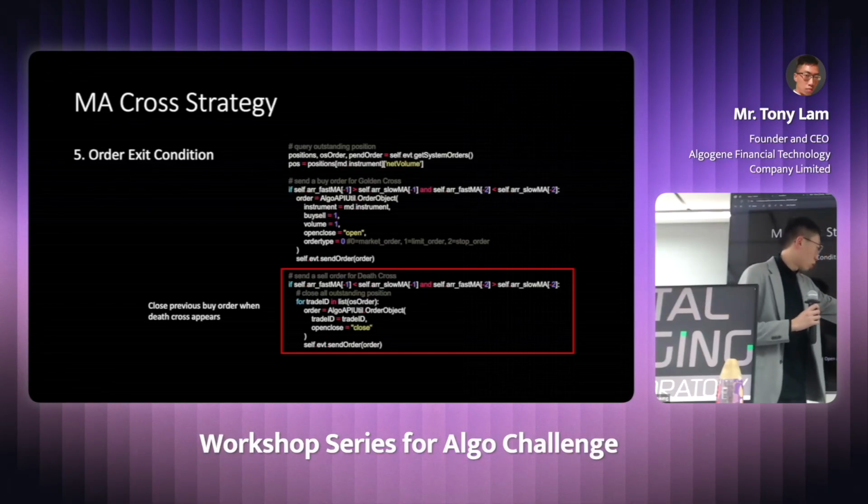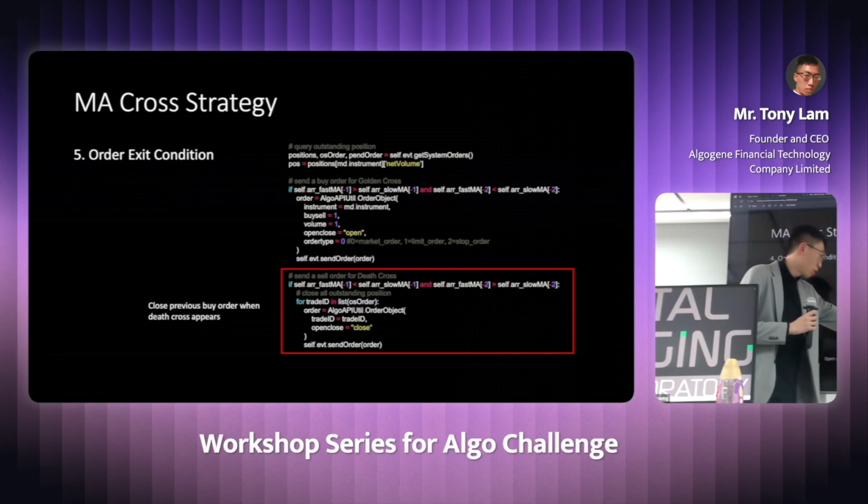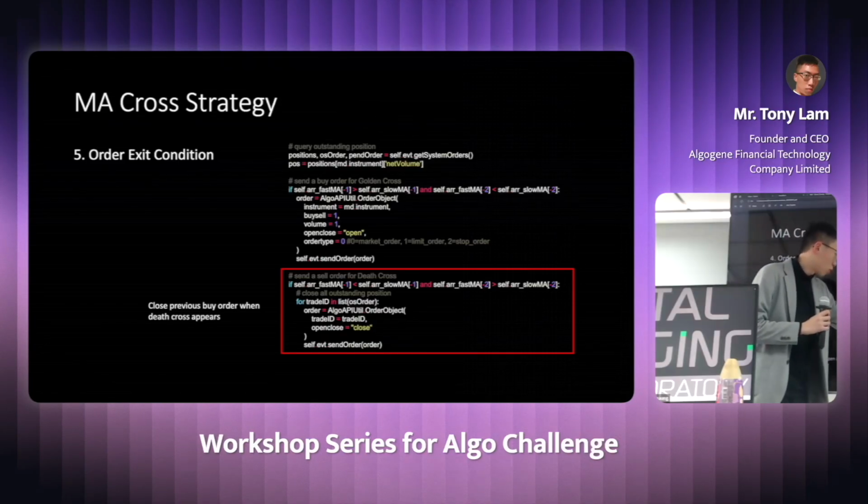We will create an order object, and then we set the instrument, and then we set the buy sell. If the buy sell is 1, that means it is a buy order. If it is -1, that means it is a sell order. And then the volume means the number of lots or the number of contracts. And then we use a market order.